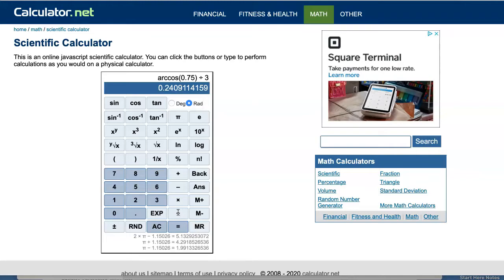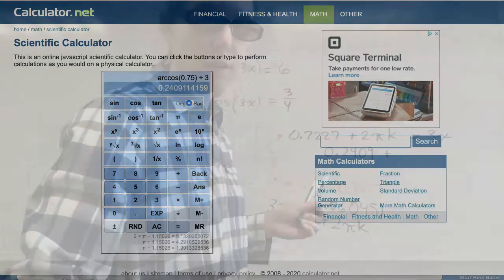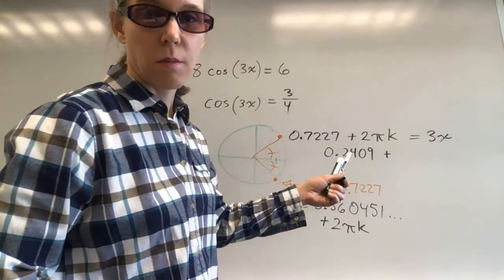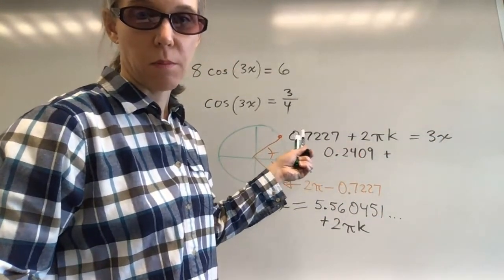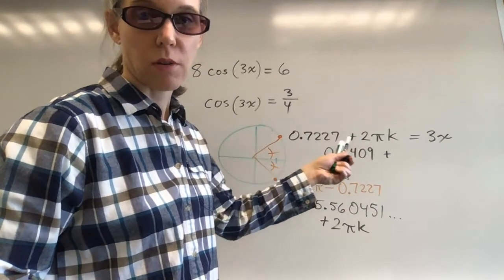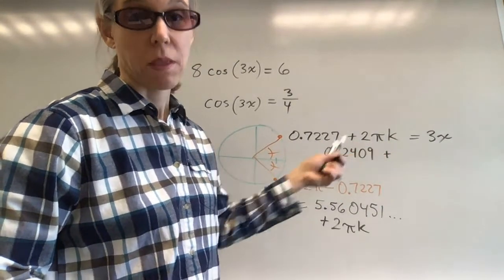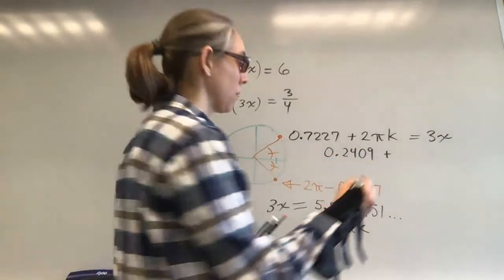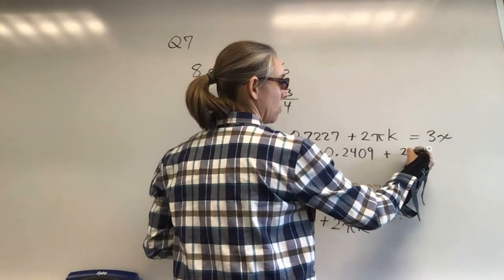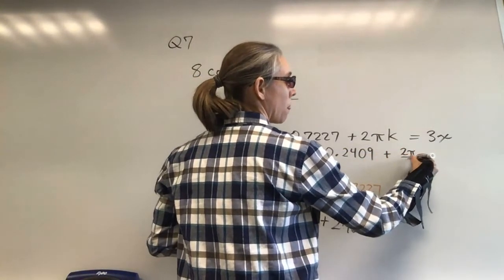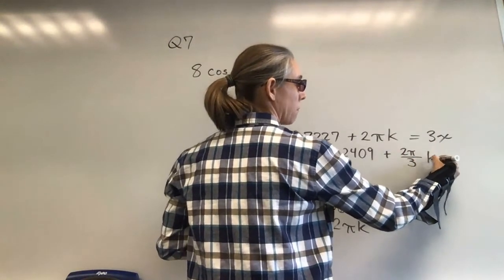Plus, going back to the board, remember we're dividing by 3, not only the 0.7227, but also the 2 pi k. So we divide 2 pi k by 3, and we get 2 pi thirds k.